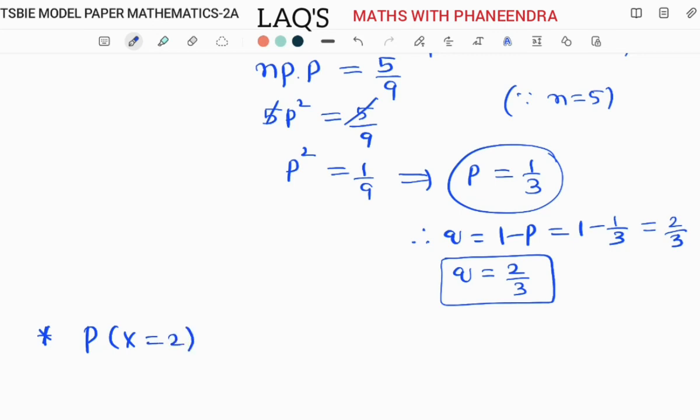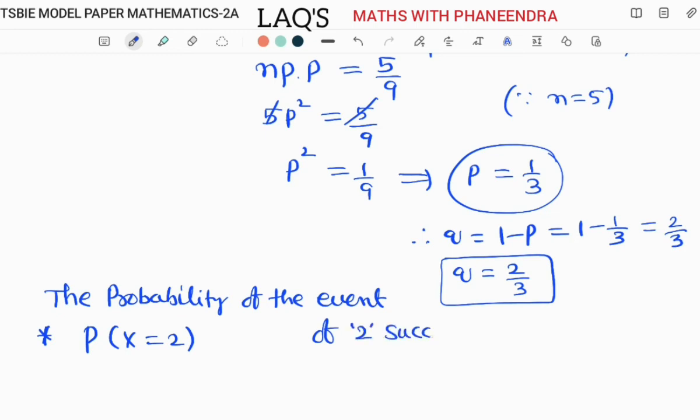In words, the probability of the event of 2 successes is P of x is equal to 2. This is the question.